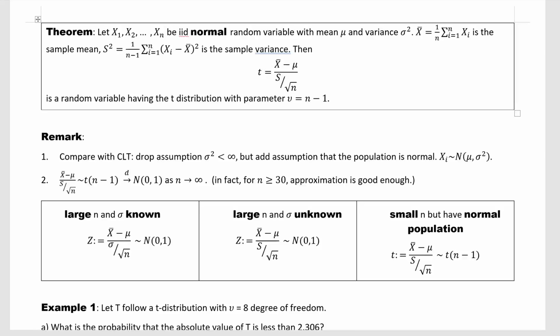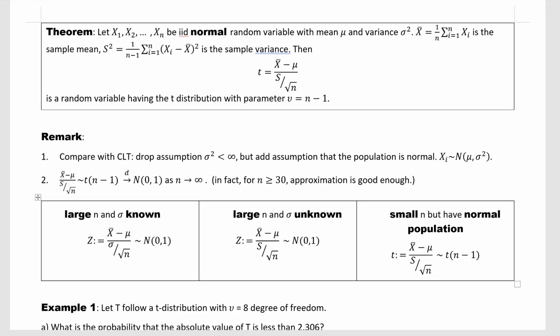This theorem takes care of that. Suppose X1, X2, ..., Xn are IID normal random variables. IID means independent and identically distributed, and we also require it to be normal, so this population is a normal population.